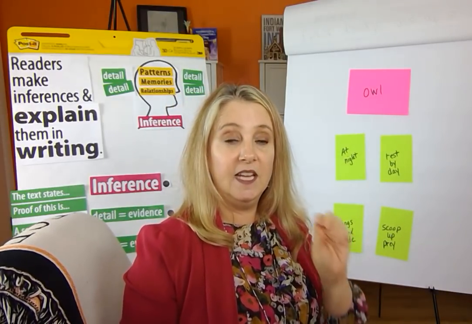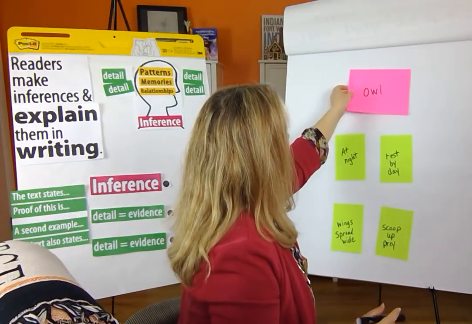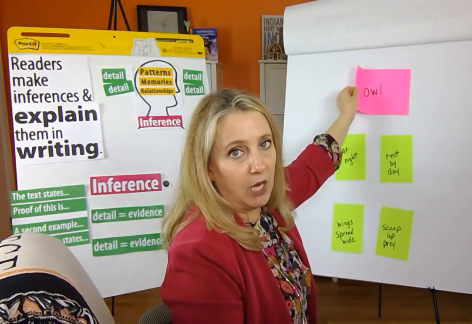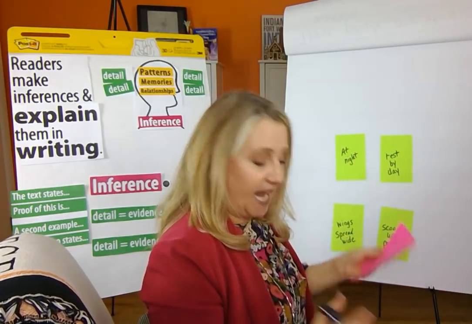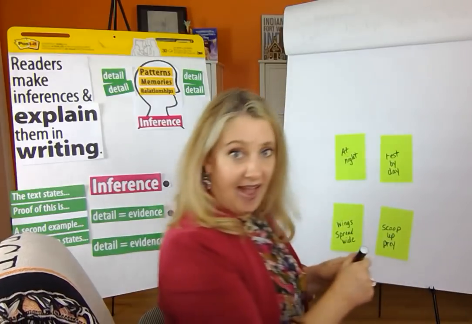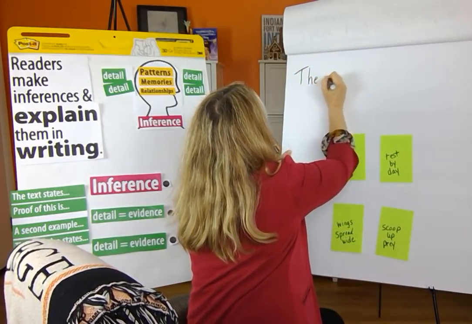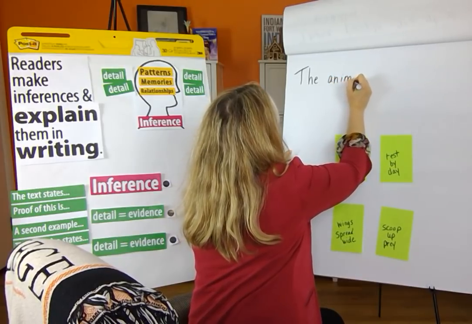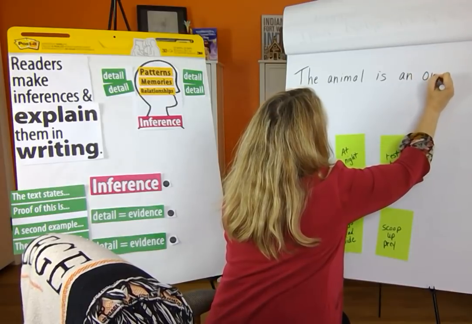First sentence is the inference. That's what it is. And so you don't want to just say owl. Okay, that's not a complete thought. We need a complete thought. The animal is an owl. Okay, that would answer the question, what am I? The animal is an owl.